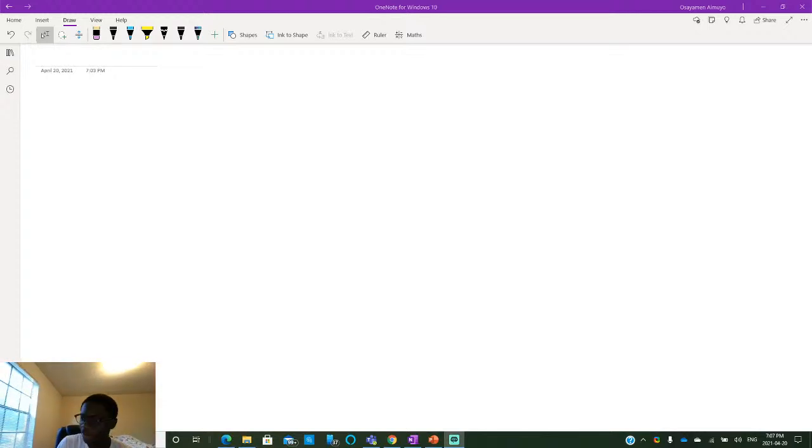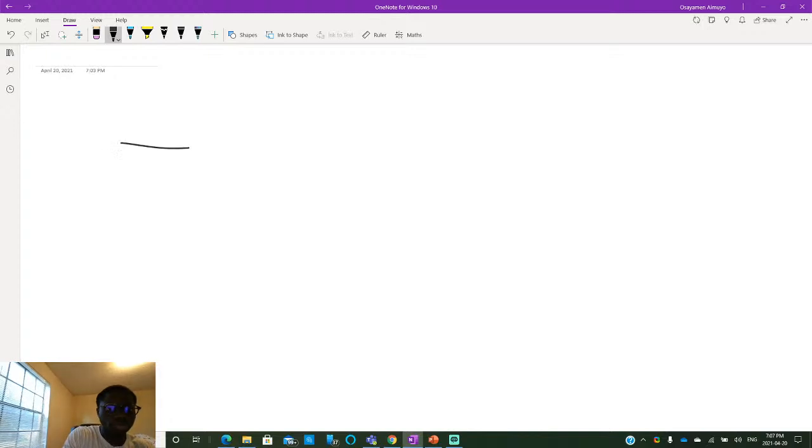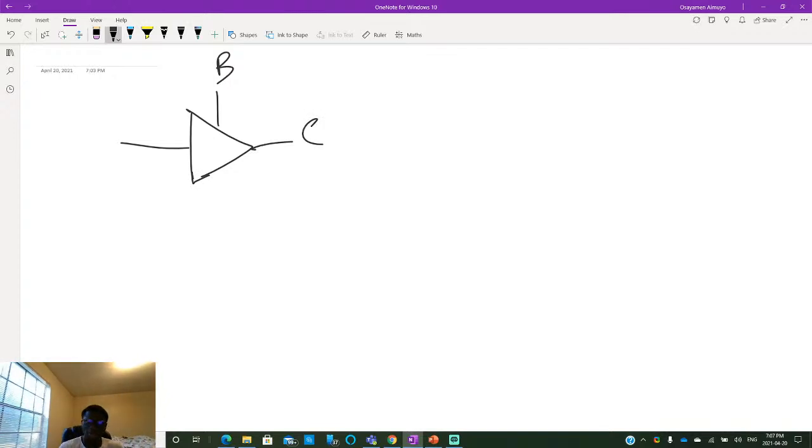Okay, I am back. So regarding the tri-state buffer, what I'm going to do directly after this is to show the application of this tri-state buffer and buffers in general in a register file.